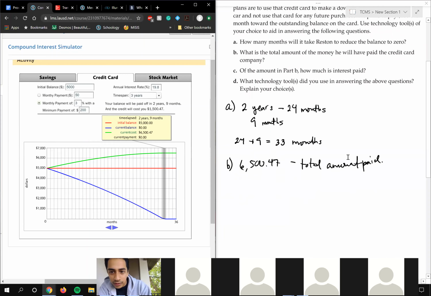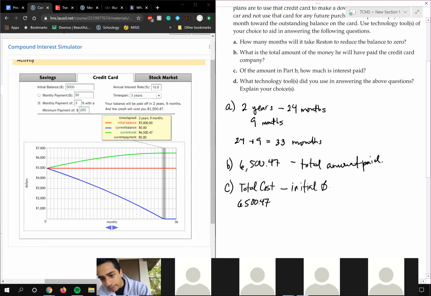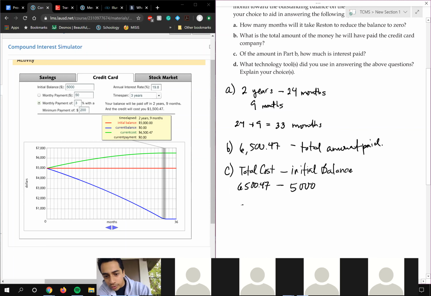All right. Part C is asking us, how much interest is paid? We can find that out, because if we know how much was paid towards the balance, then everything else was paid in interest. So if the total cost was 6,500 with 47 cents, and you subtract the initial balance of 5,000, that'll tell us how much was paid in interest.